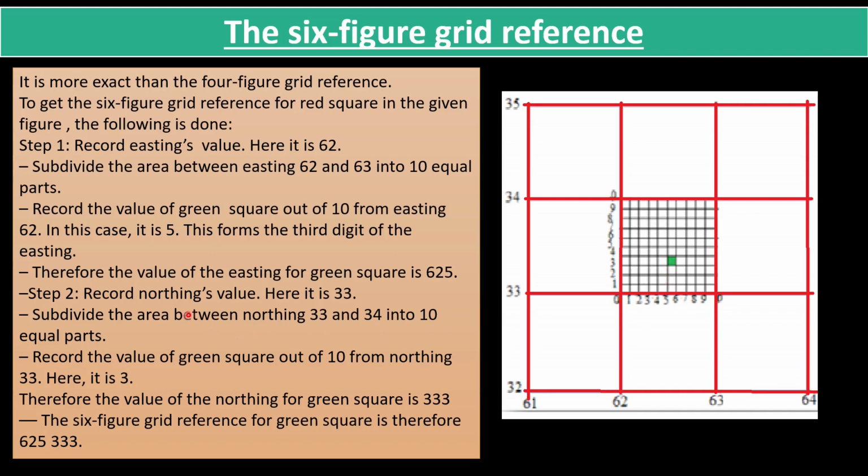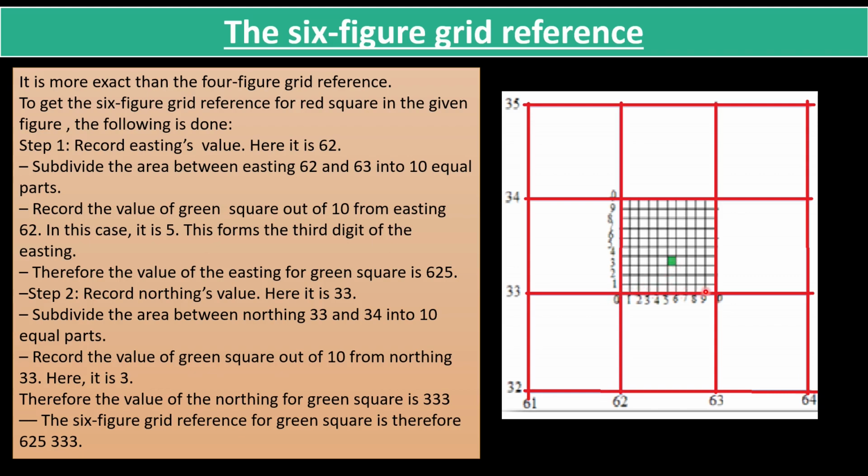And then step 2, record northings. Here it is 33, and from 33 to 34 we again divide 0, 1, 2, 3, 4, 5, 6, 7, 8, 9, 10. 10 means 34 is starting again. So here it is divided into 10 equal parts. Out of that, this green color is where we have to count.